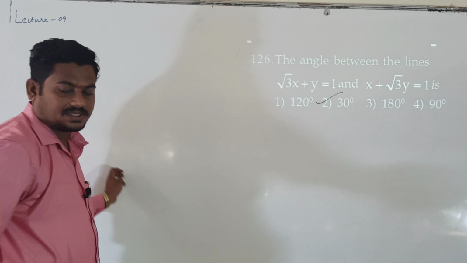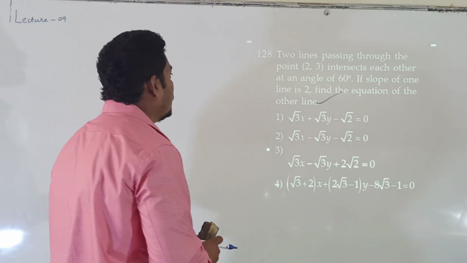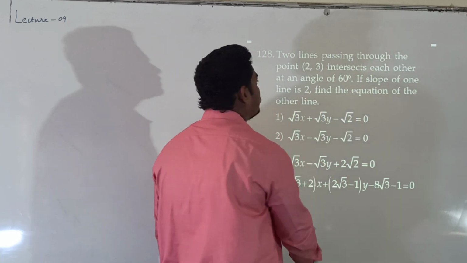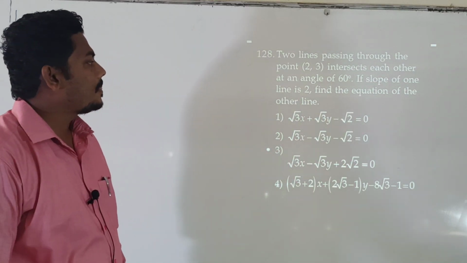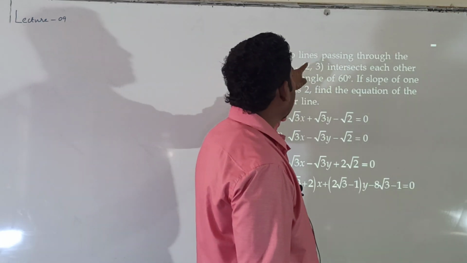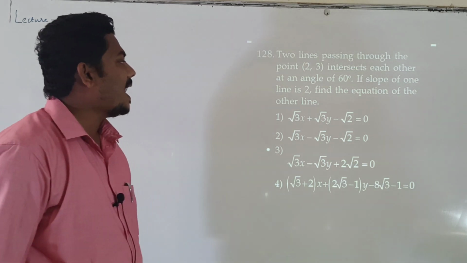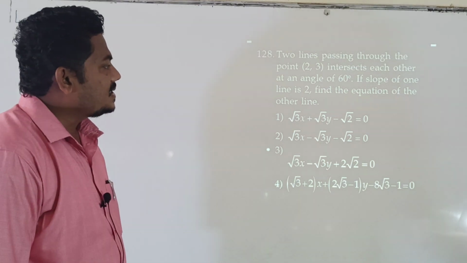Next, look at the next question, that is 128. Two lines passing through the point 2, 3 intersect each other at an angle 60 degree.